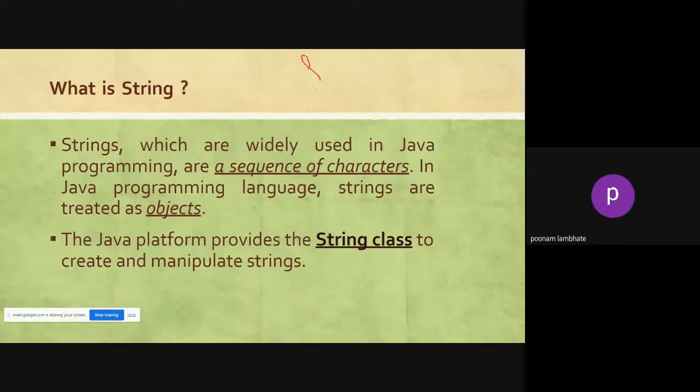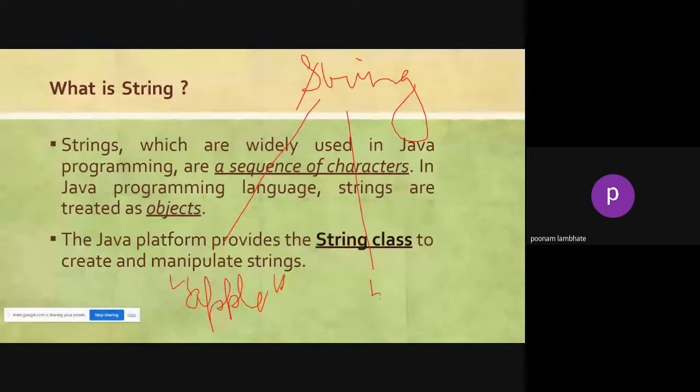Okay, so you have a string class, and each string is different. Suppose the first string is apple, the second string is banana, the third string is orange. Each of these has the characteristics of the string data type. String is the class, and apple, banana and orange are the examples of string objects.